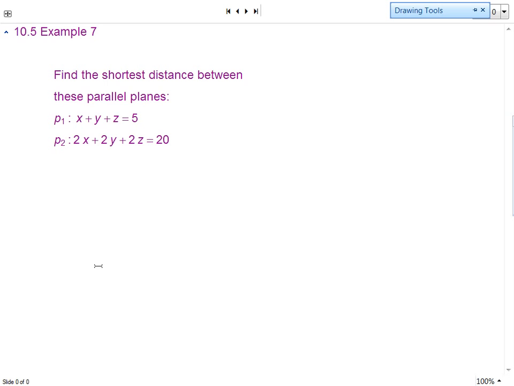I'm using the normal vector to the plane. The normal vector to the plane is a vector that is orthogonal to the plane. The shortest distance. If I have a plane here and I have a point, right? Then I could go from here to the plane. That's a distance, right? But if I go from here to the plane, that's shorter.